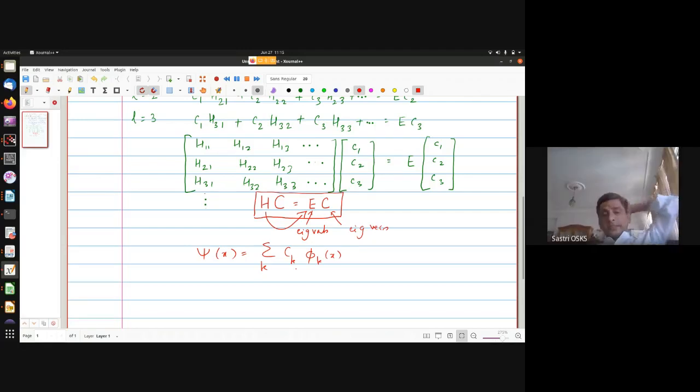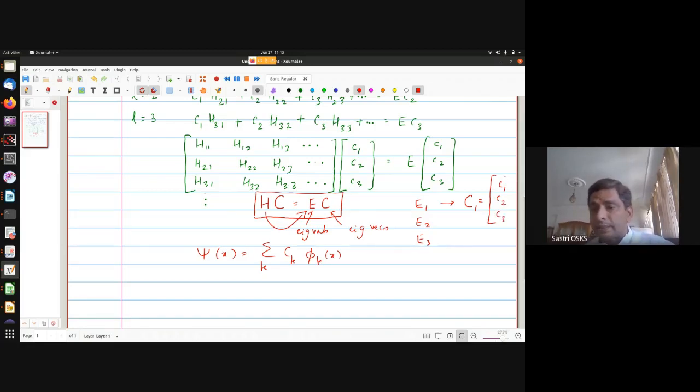Now what Ck should be used? That is the question, right? So you see here, for each value of energy eigenvalue, let us take only a 3 by 3. So we know that there are 3 eigenvalues, E1, E2, and E3. So E1 will have a capital C1. The capital C1 is what? Basically, it will have C1, C2, C3. But how to distinguish it?